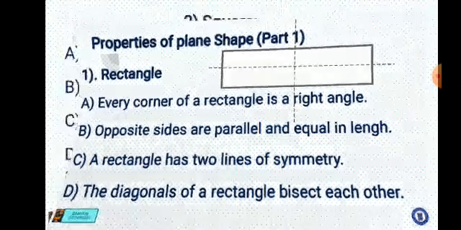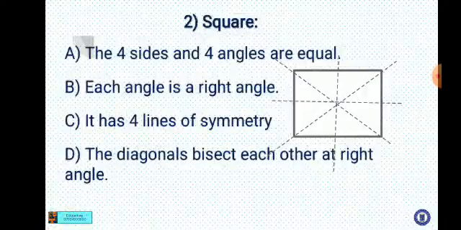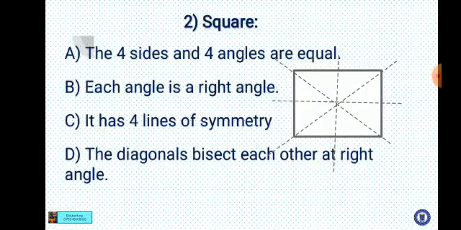Then the second one is square. If you look at these shapes, the four sides and four angles are equal. Each angle is a right angle. It has four lines of symmetry.